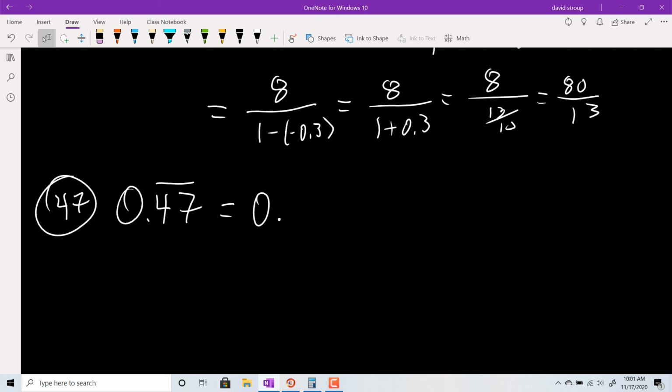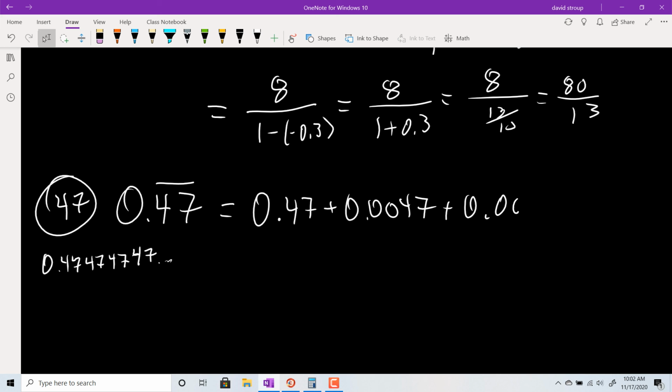Because you could rewrite 0.47, which is 0.47, 47, 47, 47, etc., as 0.47 plus 0.0047 plus 0.000047 forever.